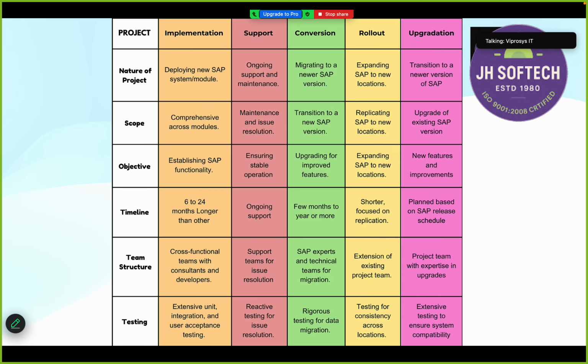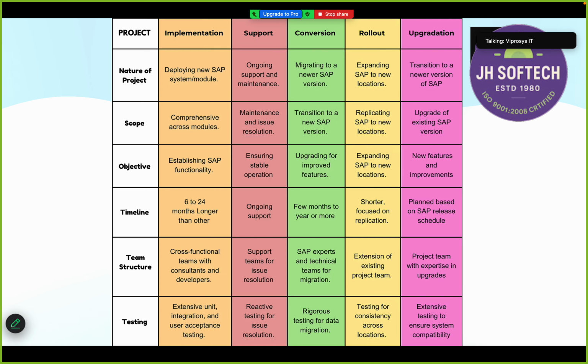Now going forward, we need to understand the different tasks, roles and responsibilities that we have, and what would be the scope of the project. All these things we need to understand in detail for all the projects. The nature of an implementation project is deploying a new SAP system module, and a support project is ongoing support and maintenance.